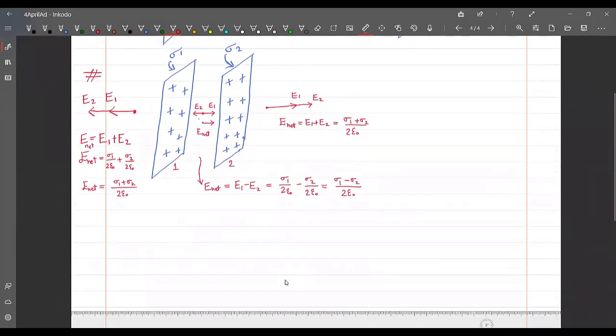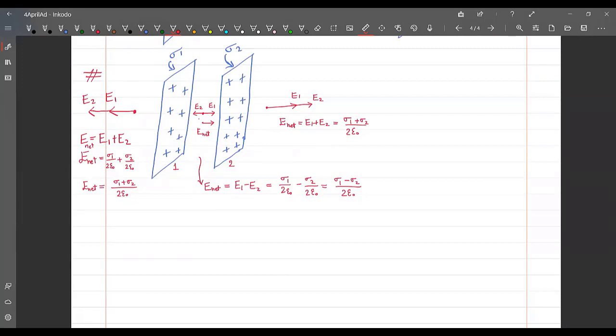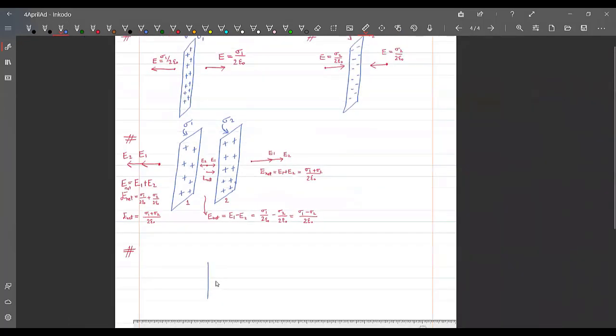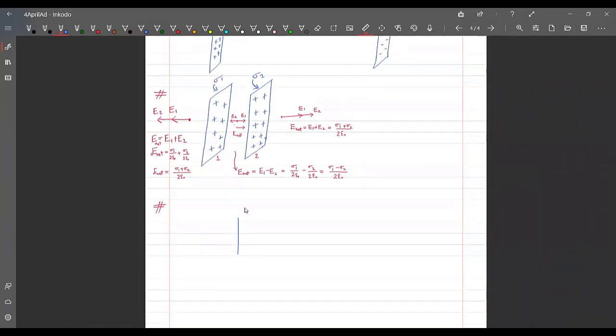Similarly, suppose there is one positive plane sheet and another negative plane sheet, or let us take 3 plane sheets now. So I will draw it like this. The first sheet is here. This is positively charged. Let us say the value is sigma 1.